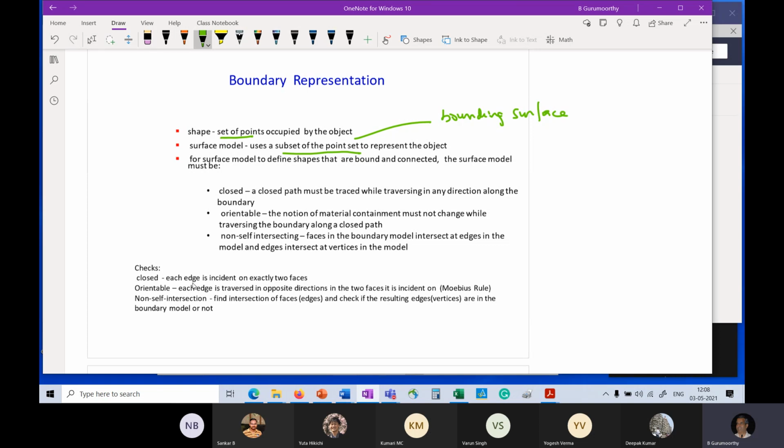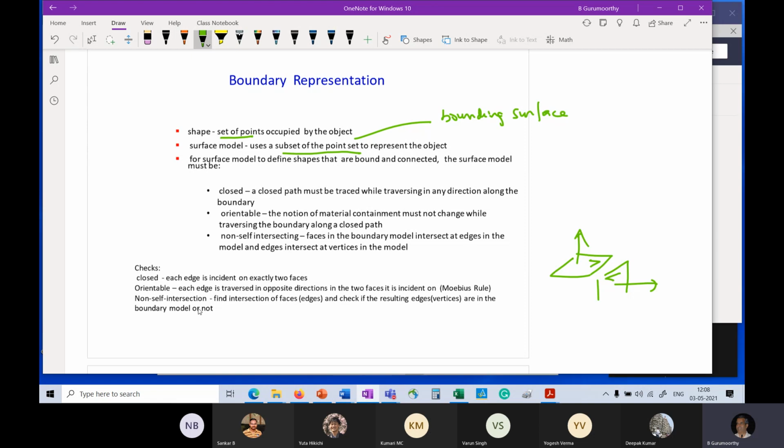Orientable, again, the same edge that is part of the two faces is traversed in opposite directions in each of the faces. We saw these examples, where this edge is traversed in this direction in one face and in this direction in the other face. If that happens, then the orientation is consistent, pointing away from the material.